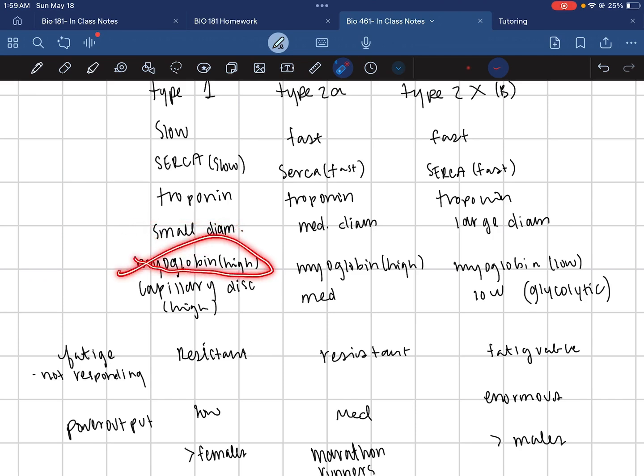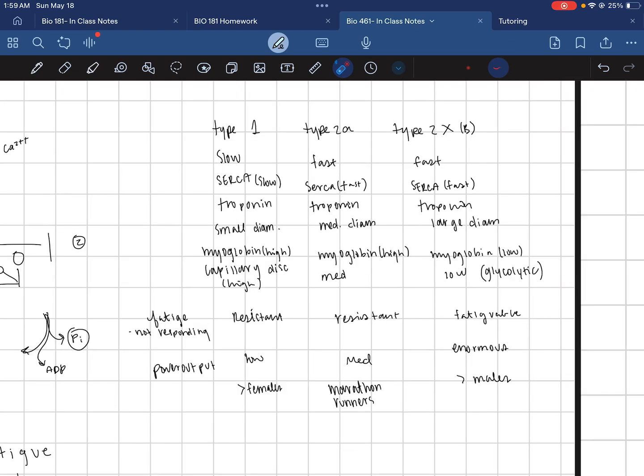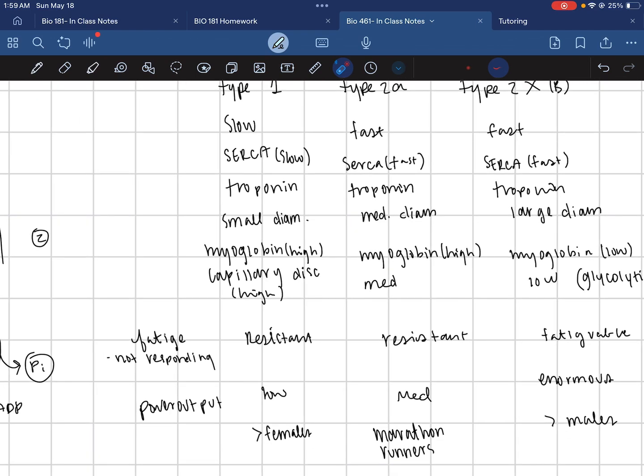We have myoglobin, which is high because we want more oxygenated red blood cells in order to create the energy needed.